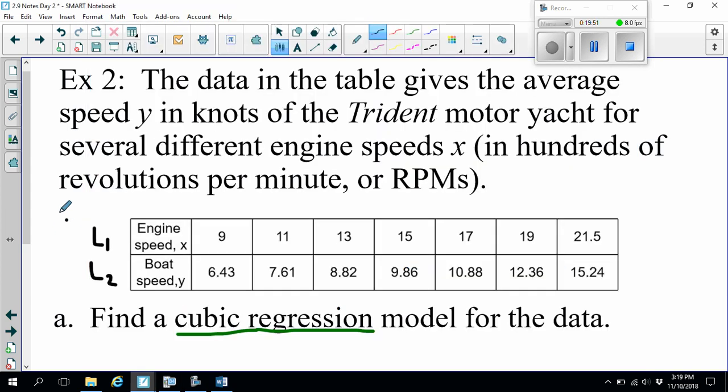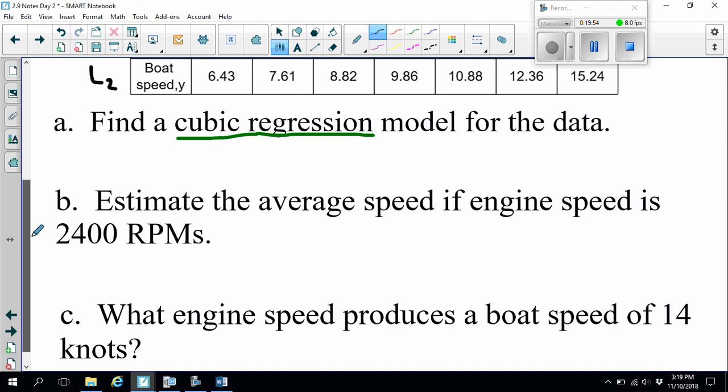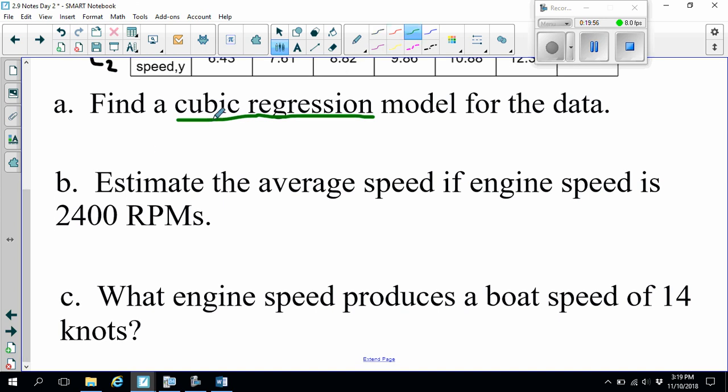So let's go ahead and write that down. Don't forget your y equals, because we need to make sure this is a function or a model.